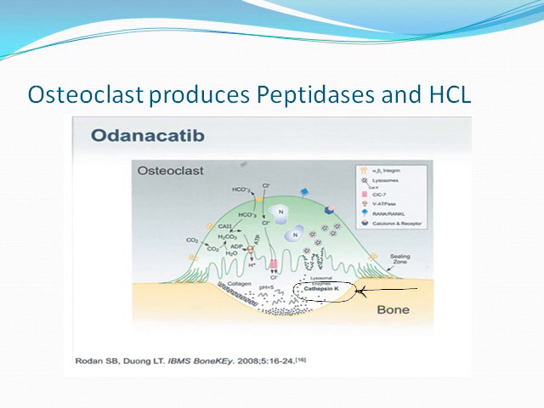Now there's a drug that's being developed called odanacatib, and it's probably going to be released within the next couple of years, and it's an antibody against cathepsin K. So this is one way that you'll be able to block the action of the osteoclast and stop the demineralization of bone.